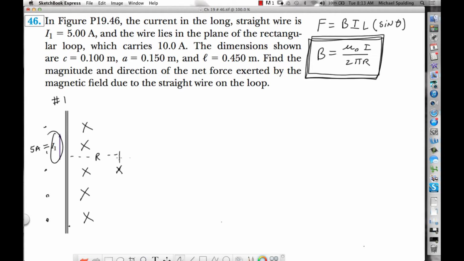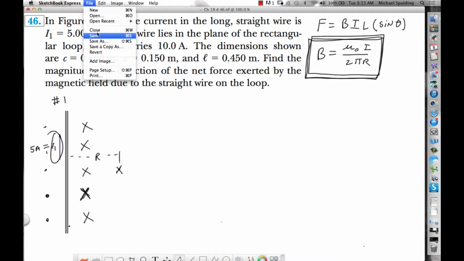So notice the farther you are from the wire, the weaker the magnetic field becomes. Does that make sense? So the magnetic field is traveling in a circular path around wire number one. It's going into the page on this side, it's going out of the page on this side.